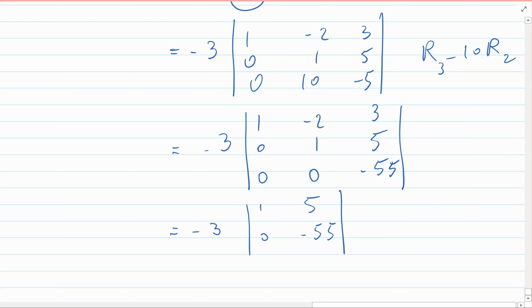And this gives me what? 2 by 2 we know, so it's going to be minus 3 times 1 times minus 55 minus 0 times 5, and that will give me plus 165.